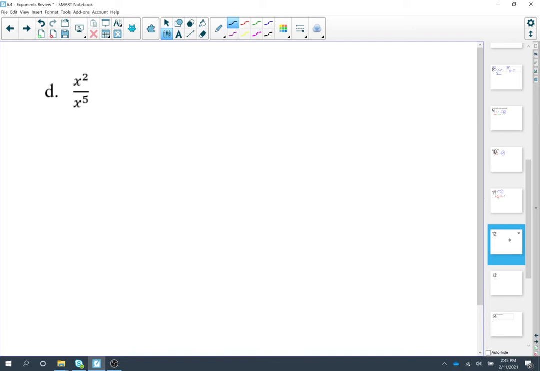Letter D, kind of the same thing, but notice now we're flipped. So if we think about this, this is x to the power of 2 minus 5. So this time we're actually going to get x to the negative 3. And a negative exponent means take the reciprocal. So we're going to put it under 1 and then make it positive.